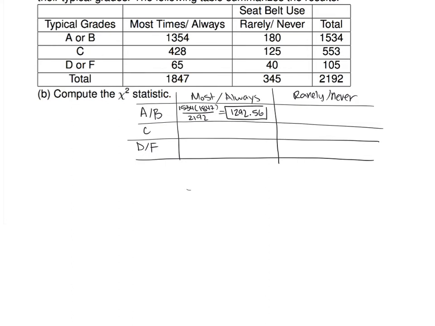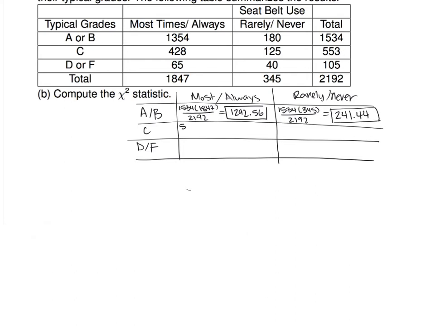In the rarely never, row total 1534, column total 345 out of 2192 comes out to be 241.44. And you can check and see, do those add up to 1534? And they should.